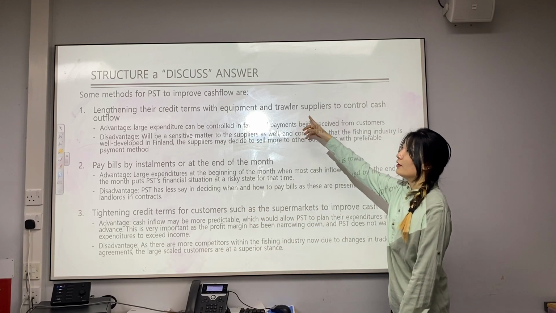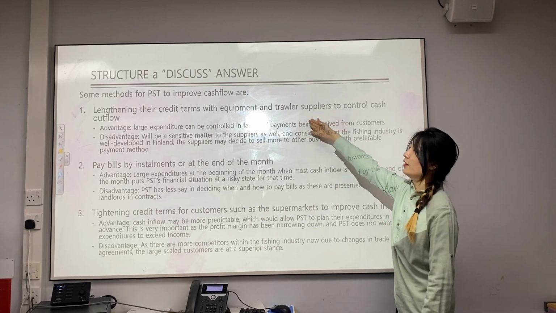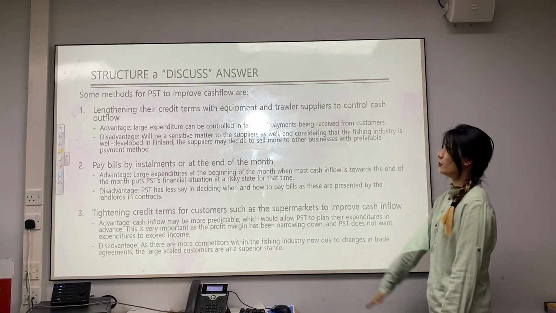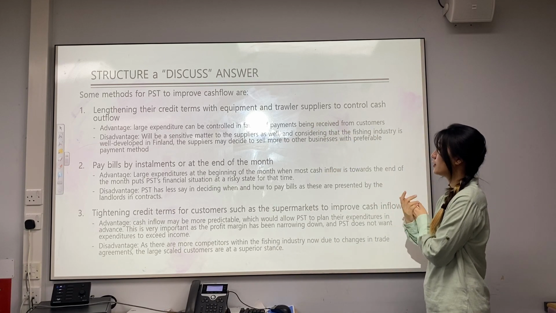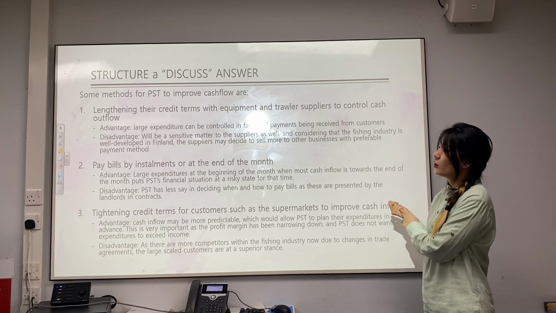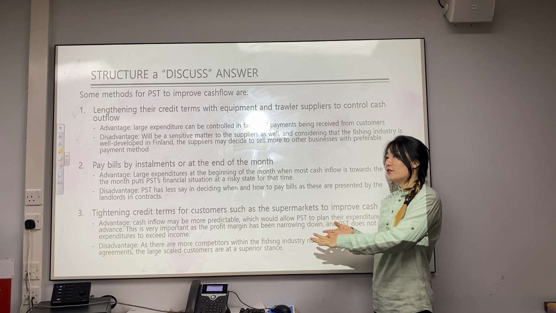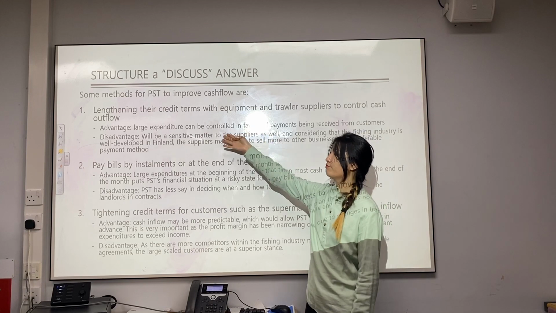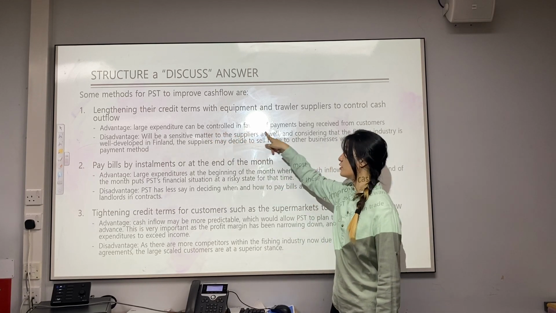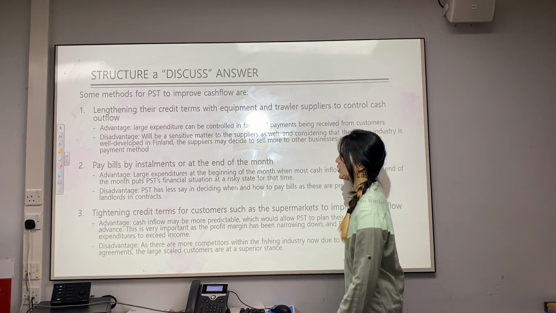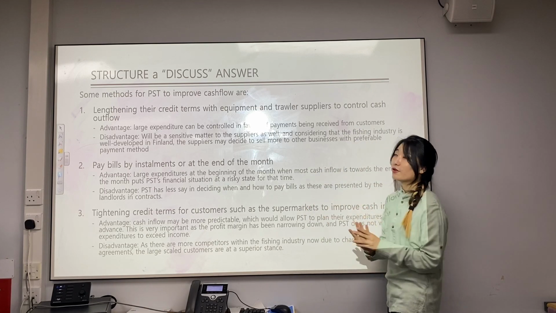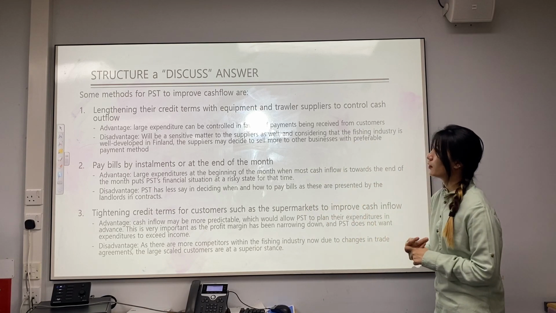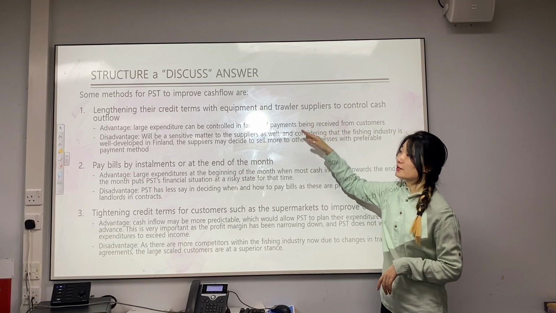If it's a discuss answer, we would say lengthening the credit terms with equipment and trawler supplies to control cash outflow will be a method to improve cash flow, because of these advantages. Large expenditure could be controlled in favor of payments being received from the customers. However, there are these disadvantages.